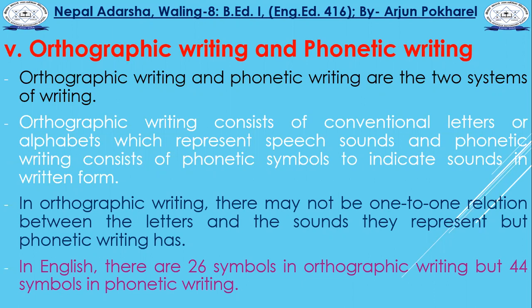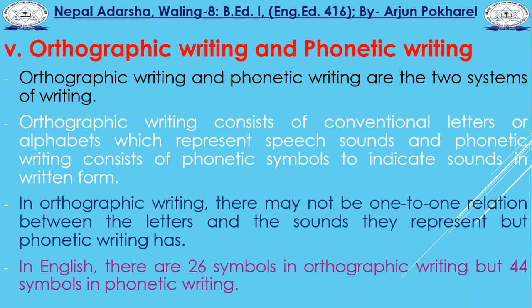These 26 symbols are used to write orthographically. But there are 44 symbols in phonetic writing. Out of these 44 symbols, we have 24 consonant symbols and 20 vowel symbols in English.